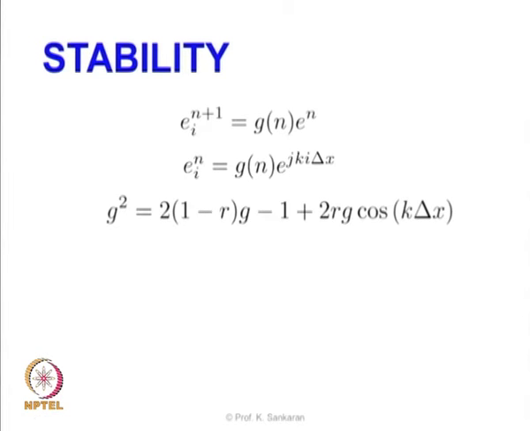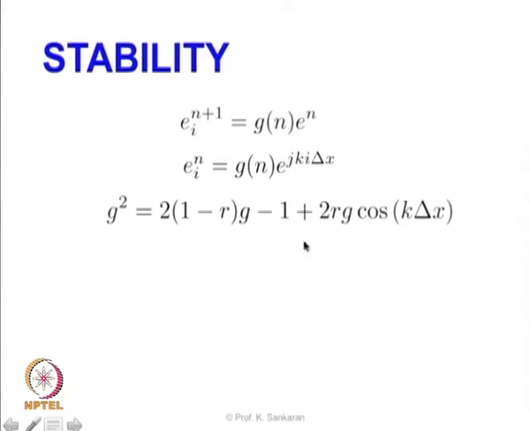So what we have is, we can write the entire thing as a function of delta x and r, as given in this particular expression. The amplification factor square is equal to 2 times 1 minus r g minus 1 plus 2 r g cos k delta x.